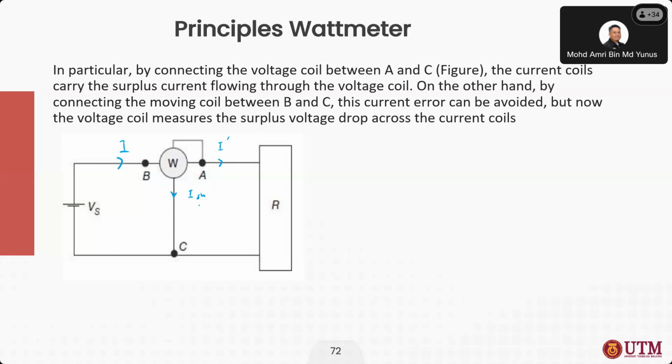So usually the shunt current is small, so that I is close to I prime.